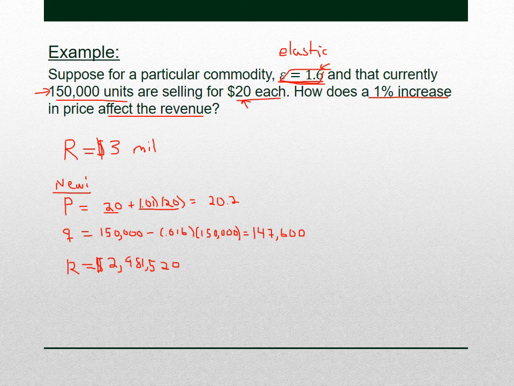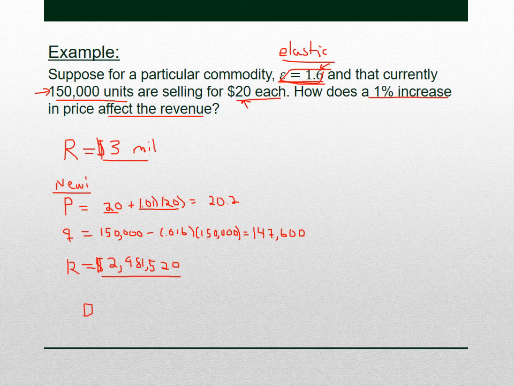One thing is, since we had an elastic relationship where epsilon was greater than 1, we definitely expected the revenue to decrease, so it's good that that's what we got. But we want to answer by how much it decreased. So you do 3 million minus that 2.9 whatever million.